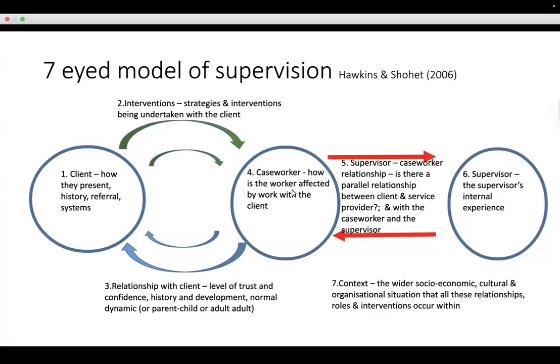It's about how the social worker is affected by the work with the client, in terms of what's happening here, and what is affecting you in the way you engage with the client. So it's about how you are as a social worker, in relation to being between the client and your supervisor, and what kind of dynamics you are experiencing in that context.